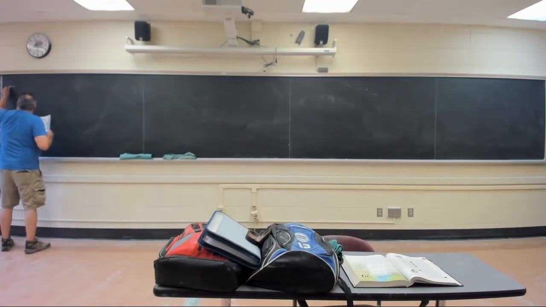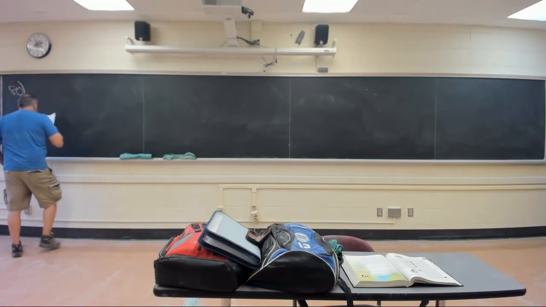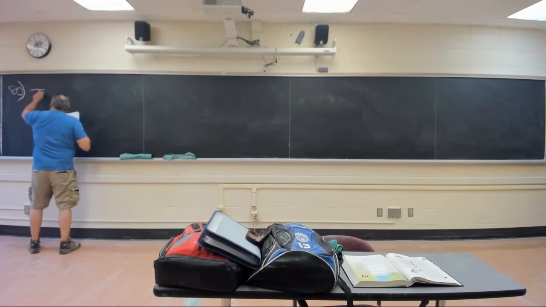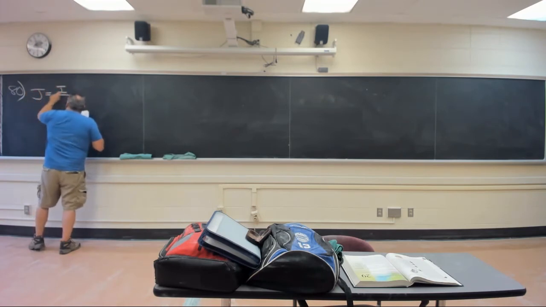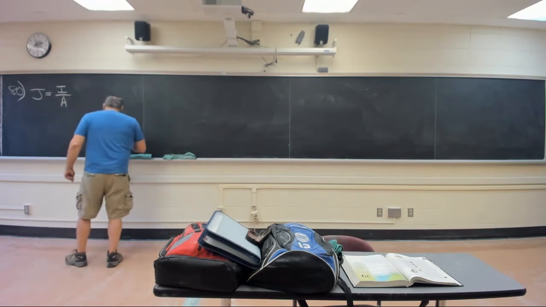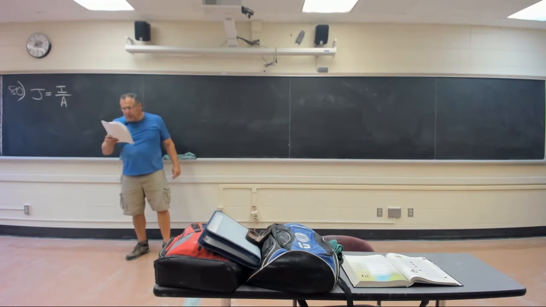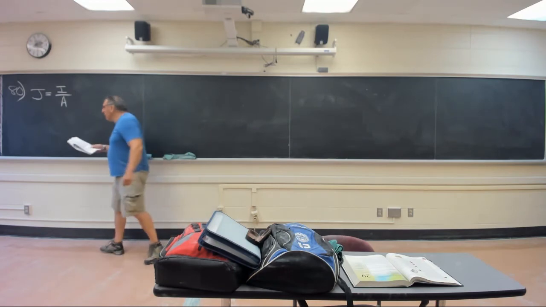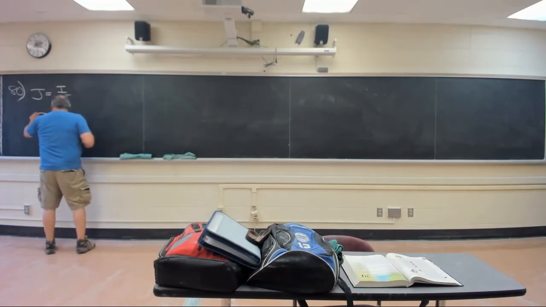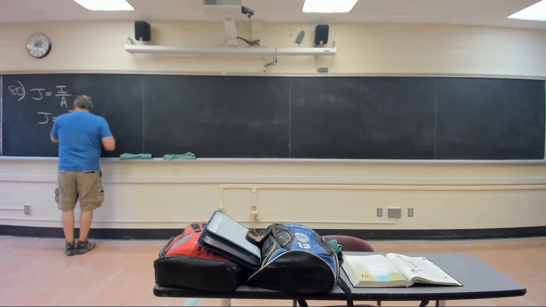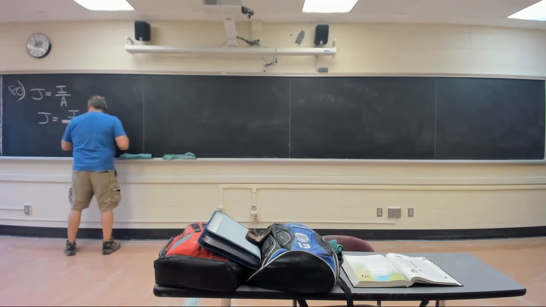Let's just start the whole thing out. J equals I over A. We've been into that already. This is a variable quantity in this case because A increases as we move outward radially. The A on the bottom is the circumference of the cylinder times the length, which gives you the area at a particular radius.